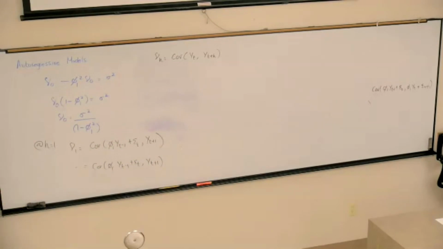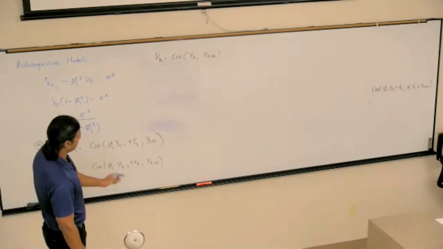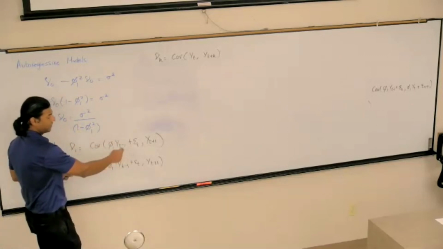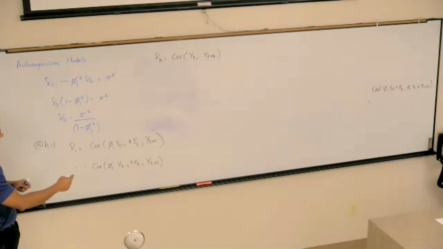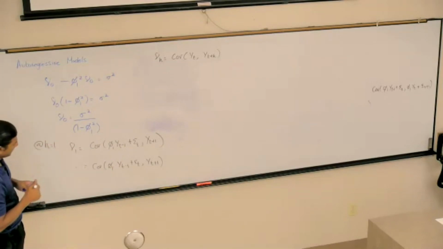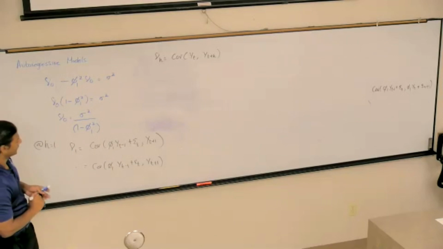Wait, hold on. Why is it phi1 times yt minus 1 plus epsilon t and yt plus 1? I'm going to get into that in a second. It is because we are regressing or correlating with the past by one value, or in the future by one value, so one time point.